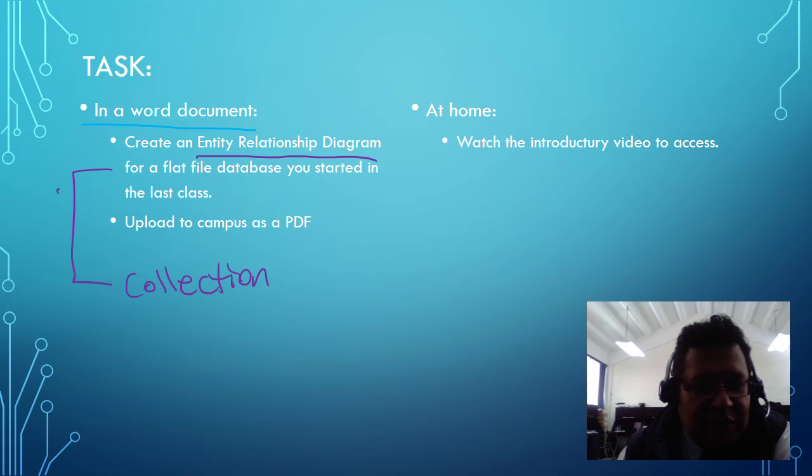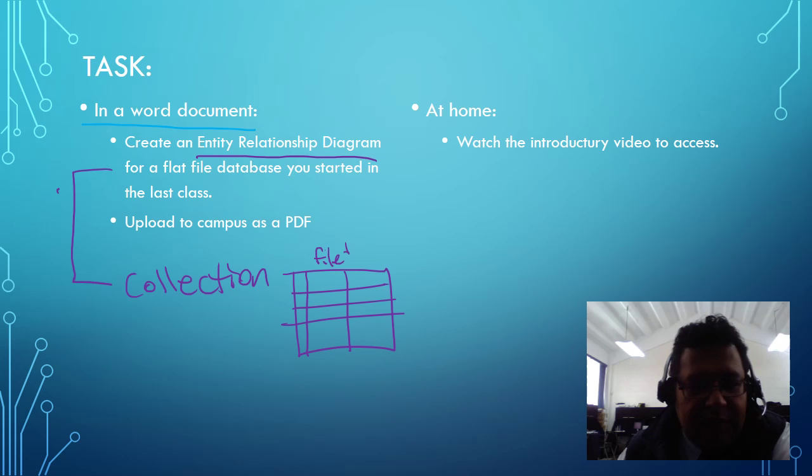And you guys started out, some of you have collections of watches or shoes or cards or video games or movies, etc. So you're going to create an entity relationship diagram. That means the table, all right? And you're going to define in that table the field, the type, right?